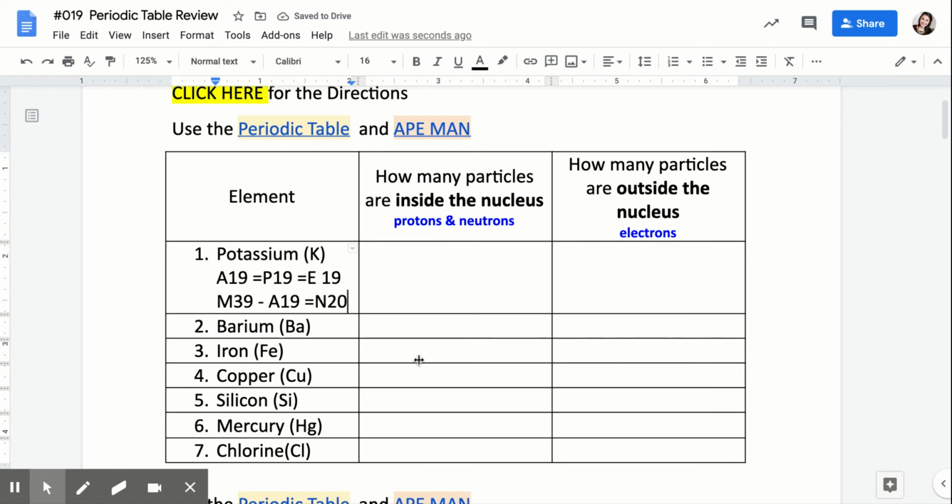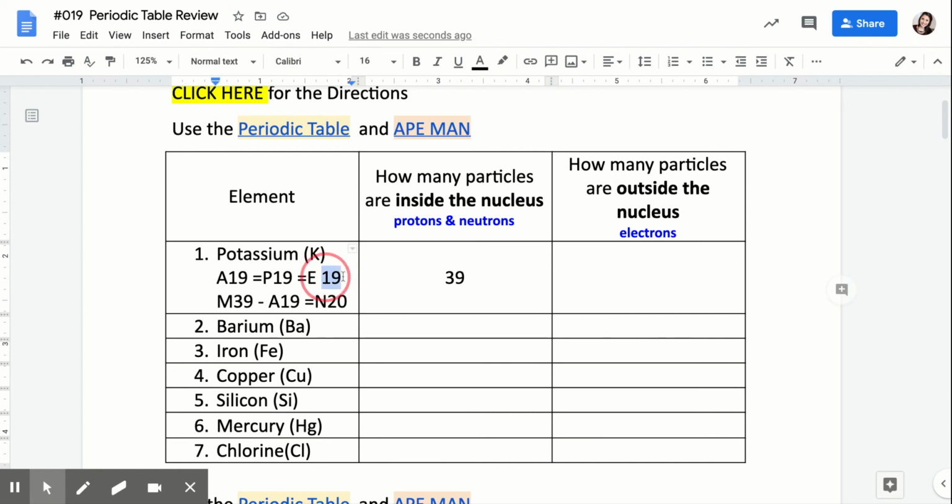So here, again, protons and neutrons. If I add my protons and my neutrons, I should get 39. Then here, you're going to tell me the number of electrons.